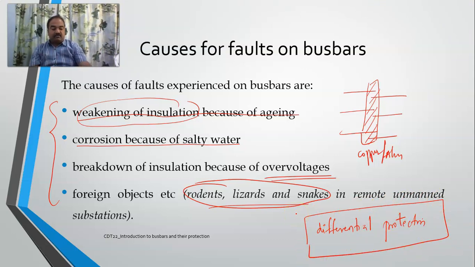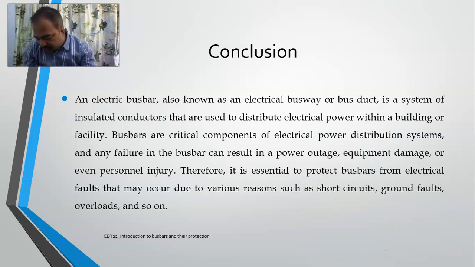Coming to the conclusion of what we have discussed: we started with busbars. They are just bus ducts, like electrical nodes where many conductors come and get joined. They are very critical components of electrical power distribution systems, and any failure of busbars will create havoc in your power system.